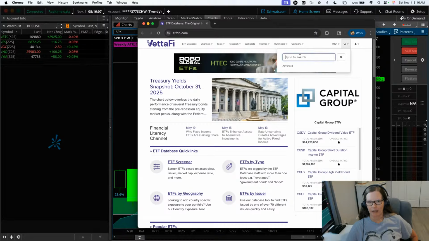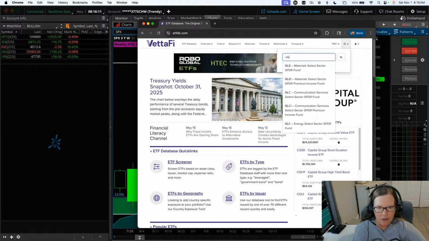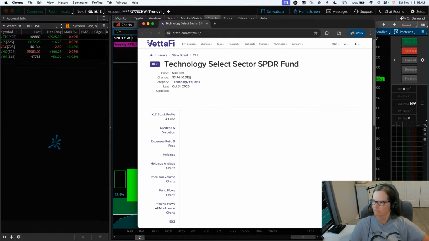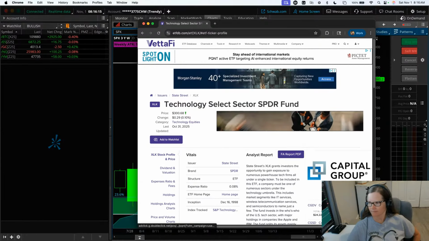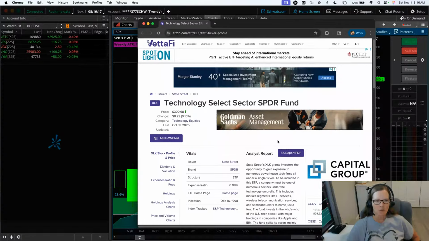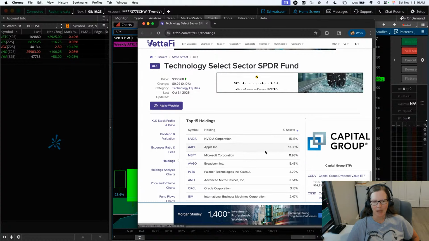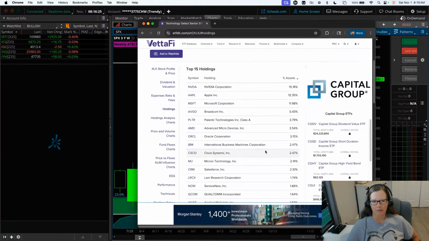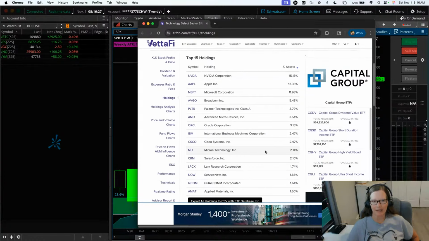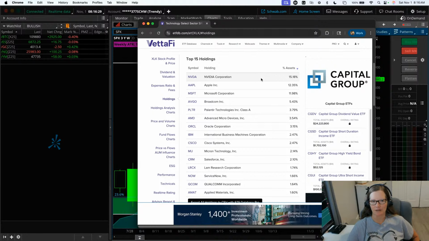Click on that, and then in the search, you're going to type in XLK. We go over here on the left-hand side and it says holdings. Click there, and that's going to bring up the top weighted names within XLK.